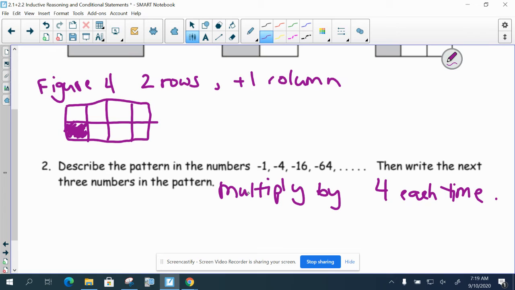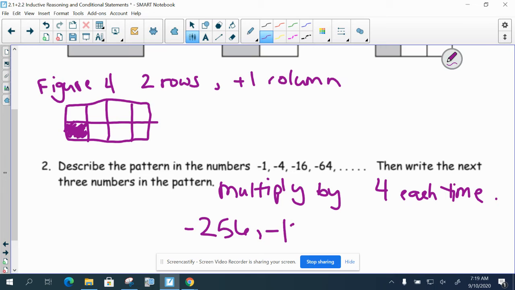So then the next numbers will be -64 times 4 is -256, times 4 again. Actually, yes, we're multiplying by 4 each time.